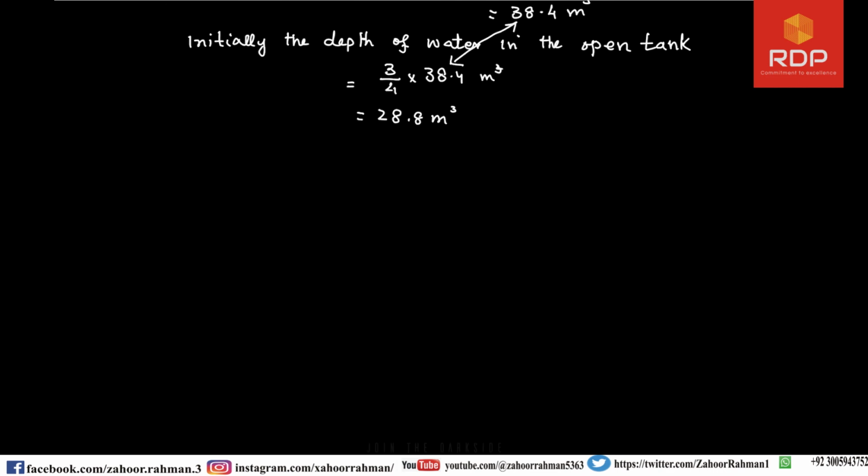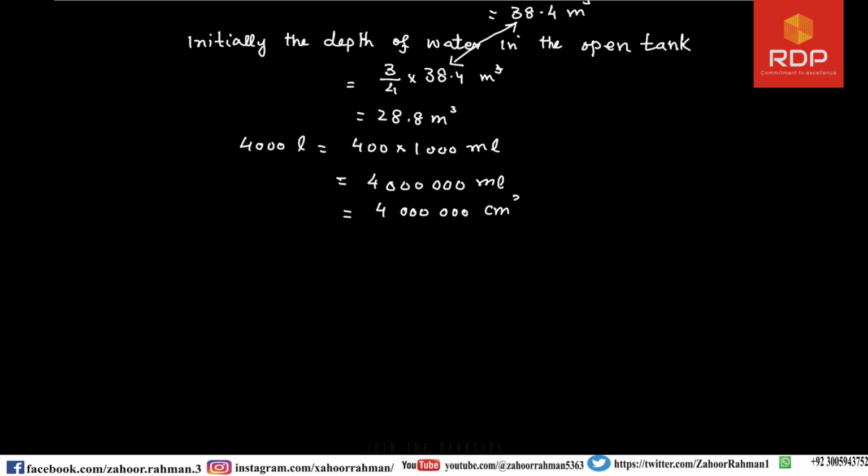So let us start and find that 4,000 liter is equal to 4,000 into 1,000 milliliter, which is 4 million milliliter, and 1 milliliter is equal to 1 centimeter cube.